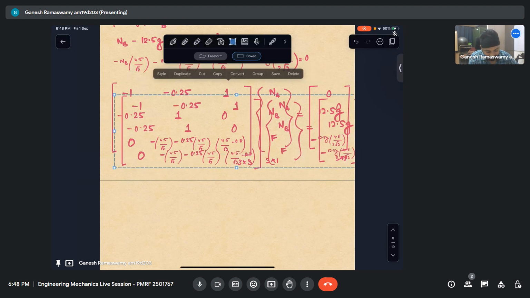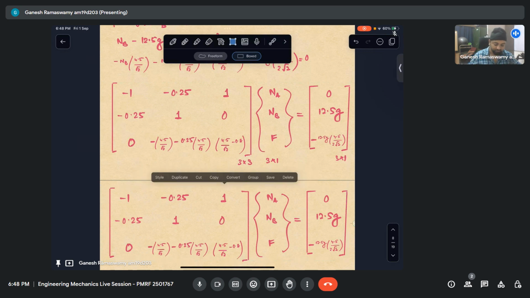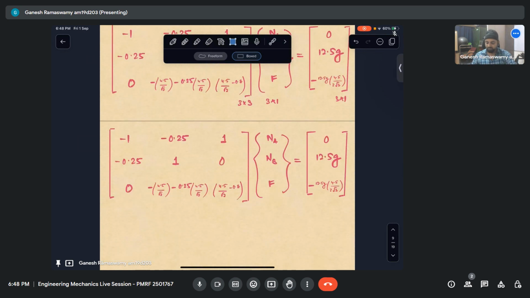So let me simplify this. This will come out to be minus 1, minus 0.25, 1, and then minus 0.25, 1, 0, 0, minus 4.5 by root 2, minus 0.25 into 4.5 by root 2, 4.5 by root 2 minus 0.8.